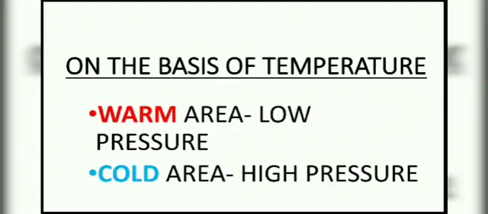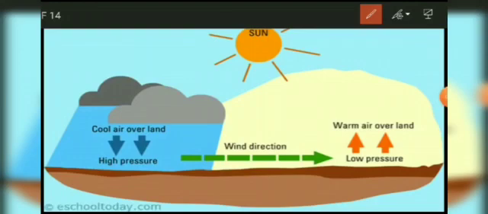On the basis of temperature, atmospheric pressure varies. In warm areas, there is low atmospheric pressure, and in cold areas, for example in the polar region, there is high atmospheric pressure. There are two situations.